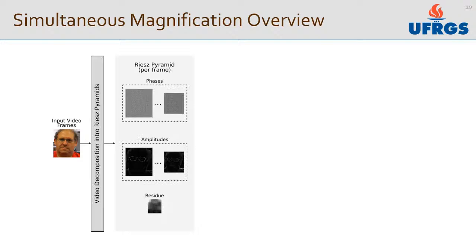Our technique for simultaneous magnification of motion and color variations works essentially in the following way. The algorithm takes as input a video and decomposes its frames in a pyramid representation containing measures of spatial phase, amplitude, and a low frequencies residue.